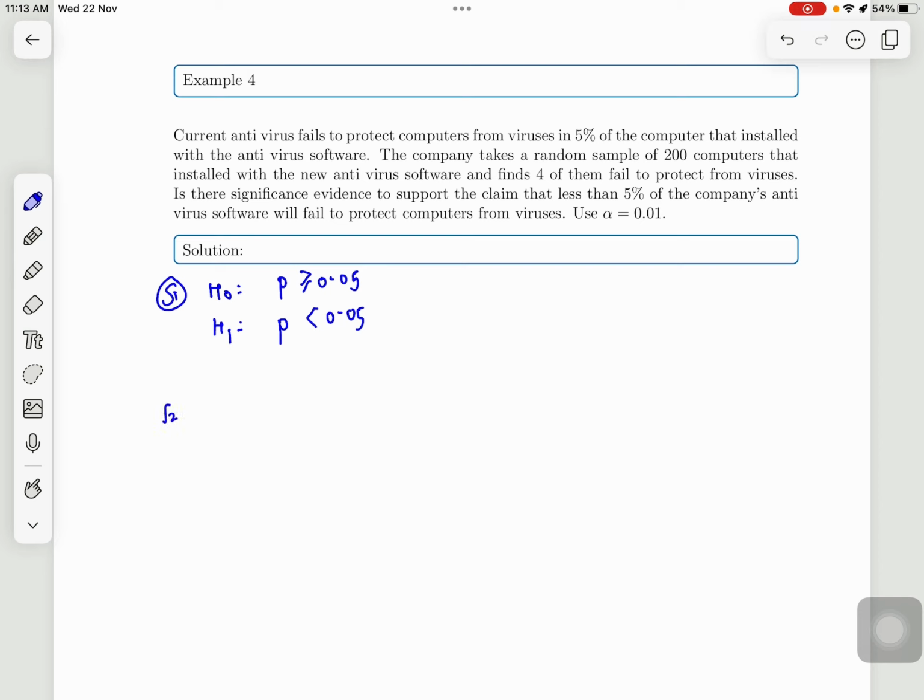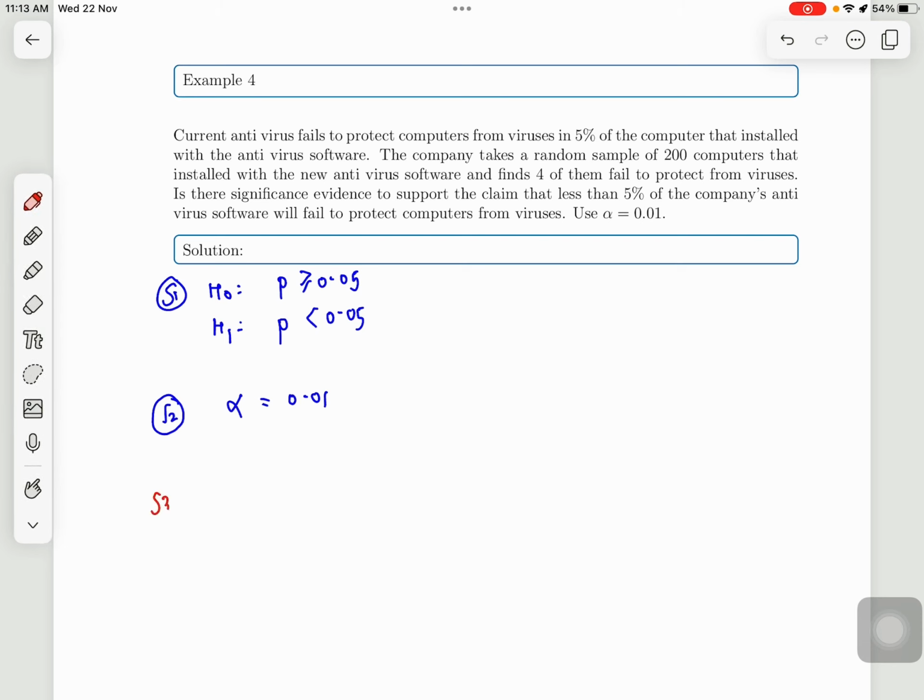Our second step, we identify the significance level. Our significance level is 0.01.